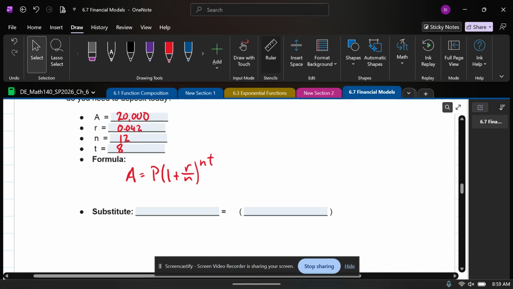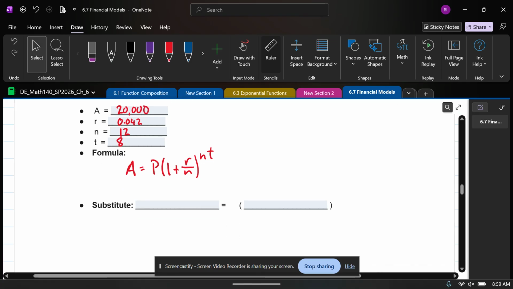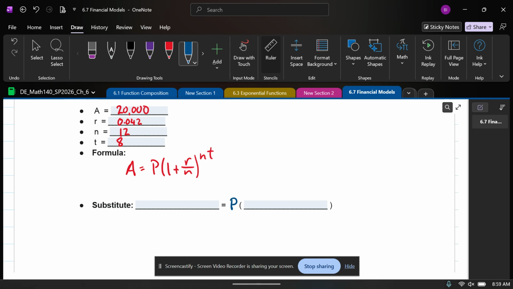Okay. So in this case, we're looking for the principal. That's the part we don't know. We know 20,000 goes over here. Over here we've got 0.042 divided by 12 to the 12 times 8. So in this case, how are we going to solve for the principal amount?